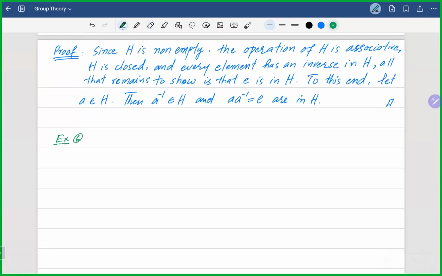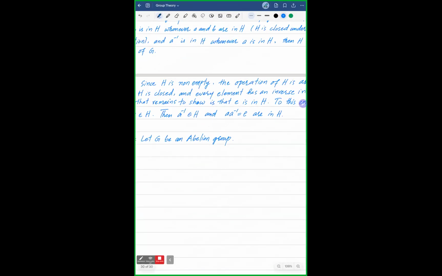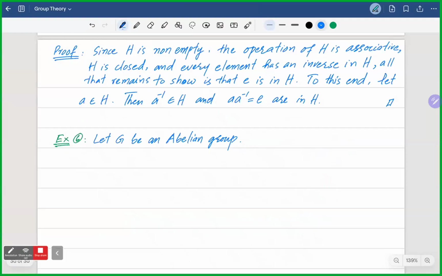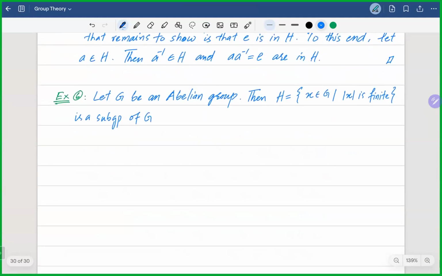Example, we call it 6. We say that let G be an abelian group and then H is equal to X from G, given that the order of X is finite, is a subgroup of G. Okay.